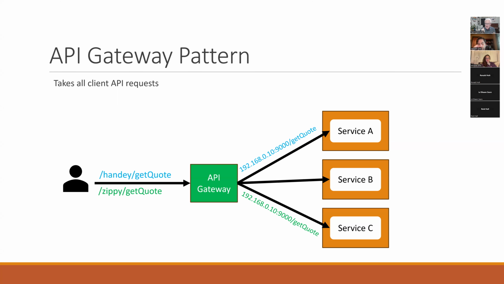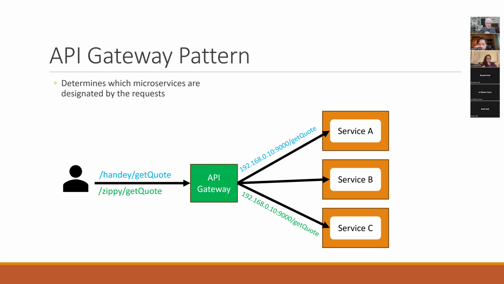And I'm going to call get quote on that server and on that port, and it's going to end up going to that service that I wrote. So your API gateway does this mapping or routing based off of the API request that comes in. Okay, that's critical. And if you look at it, that's the basic thing that it does.